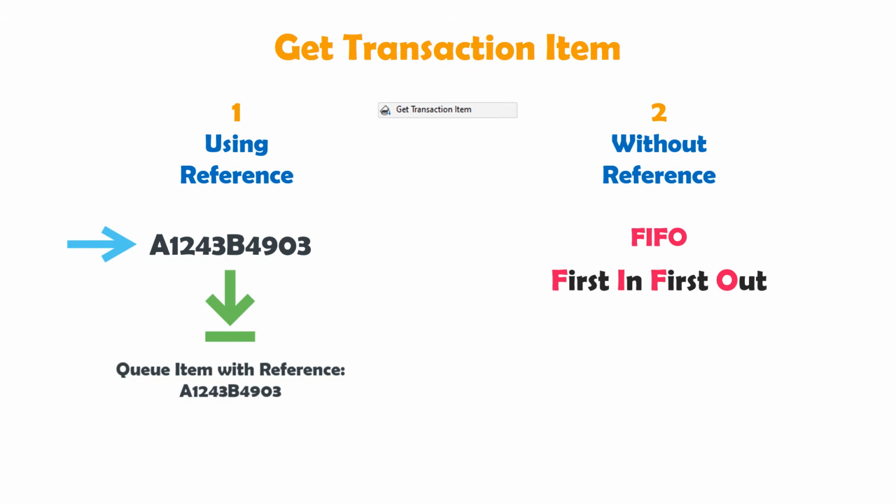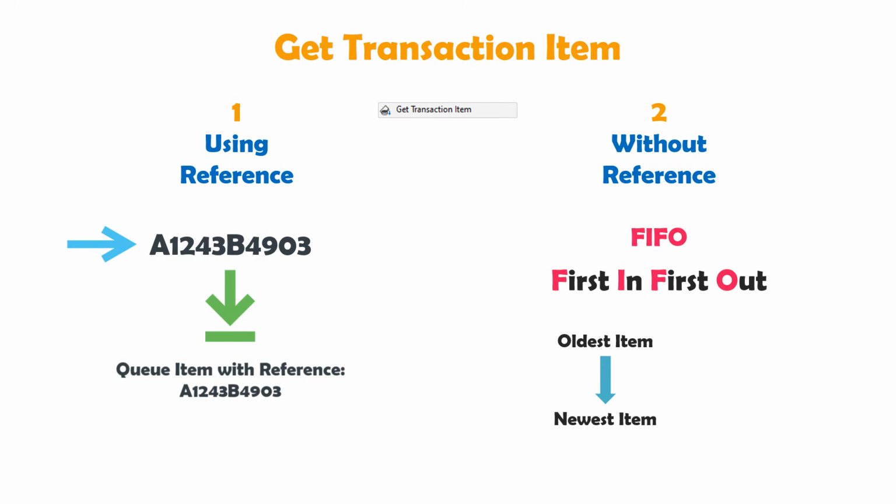This means the robot will fetch the queue items using the loading date. This means we will always get the first item loaded into queue, then the next item loaded into queue, and so on. But here you have to differentiate whether the items have the same priorities or not. If all items have the same priority, then they are picked up one after the other, depending on which item was loaded into the queue first.